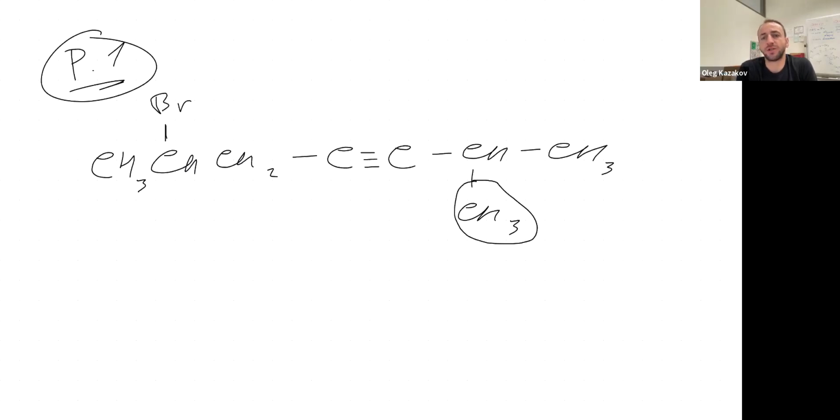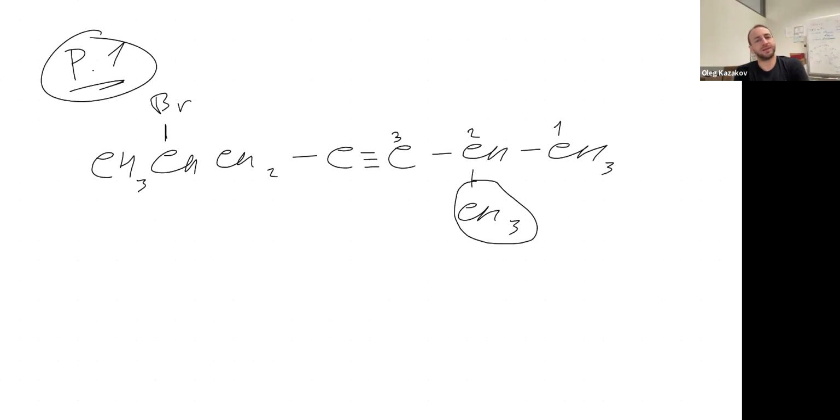So let's number the chain 1, 2, 3. Actually, I made a mistake here. So 1, 2, 3, 4. From the right end, the count of the carbons will start, because the right end will give you the commencement of the triple bond on carbon number 3, whereas the left end will give you the commencement of the triple bond on carbon number 4.